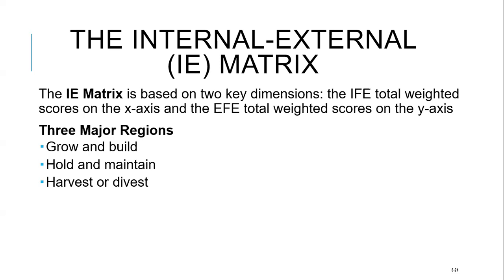The labels of the various regions also suggest what you are expected to do at that point in time, particularly when you assign weights or ratings to the factors you are generating from the IE matrix, and it is positioning you along some of these regions.